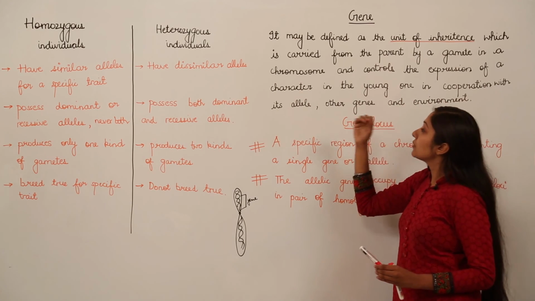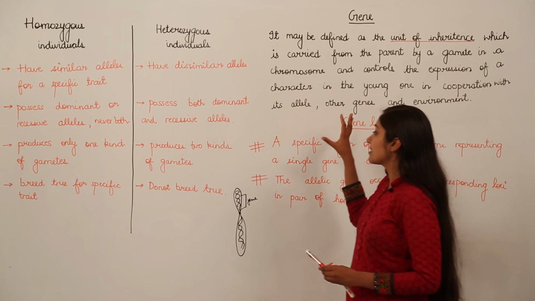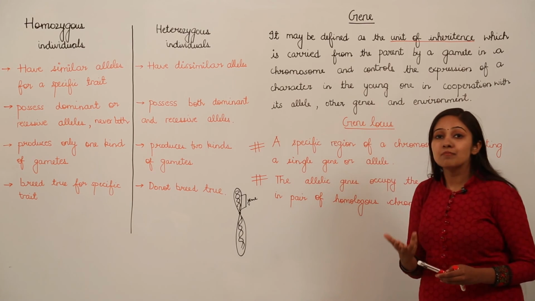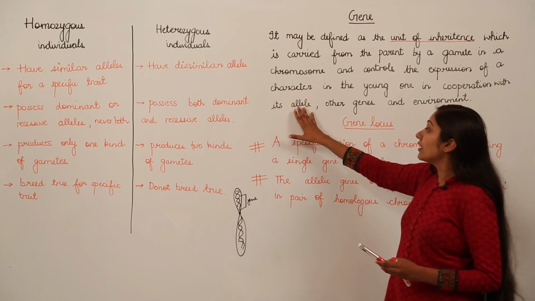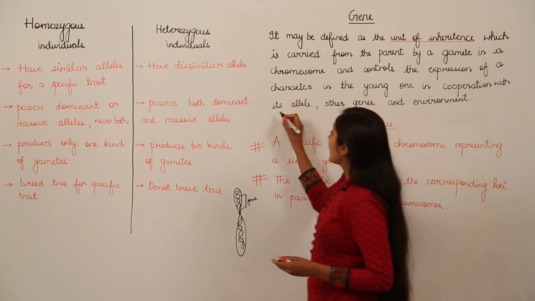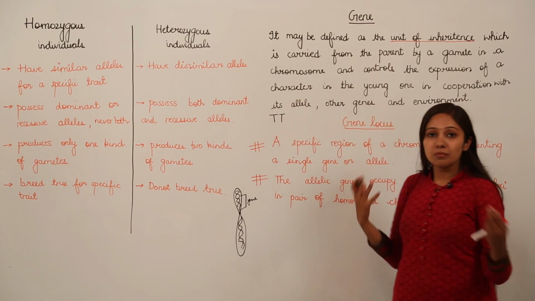Why in cooperation with alleles, other genes and environment? You all know that the genes, they always exist in pairs. So, that pair of genes, we call it as allele. For example, in case of pea plant, if we have a pair like this, the expression will be a tall pea plant.